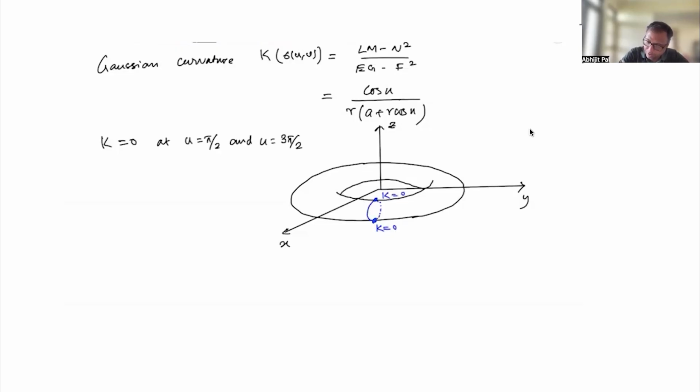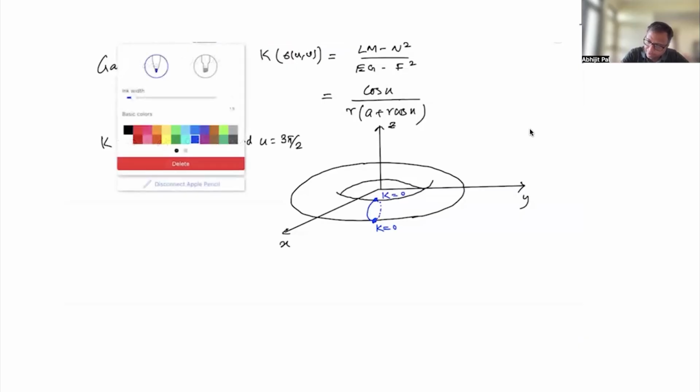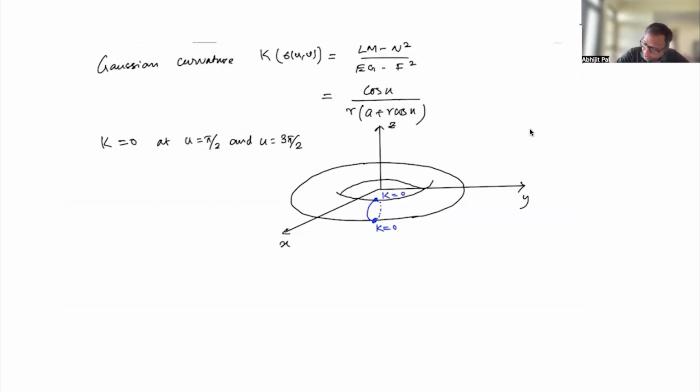And if you vary v, we get this circle. So we get these two circles where K is equal to 0. Okay, and let us see where this Gaussian curvature is positive.